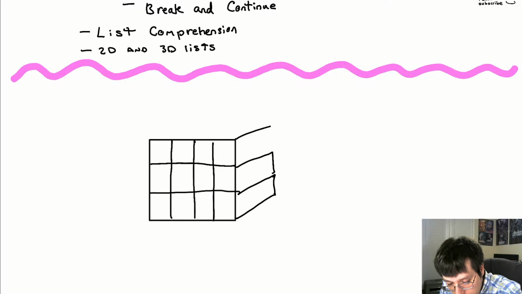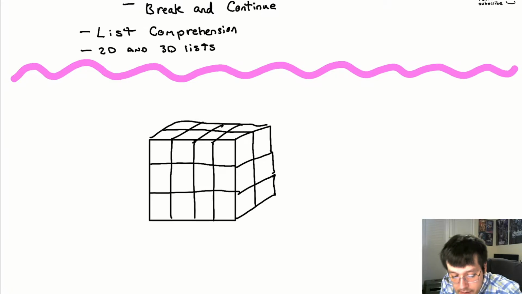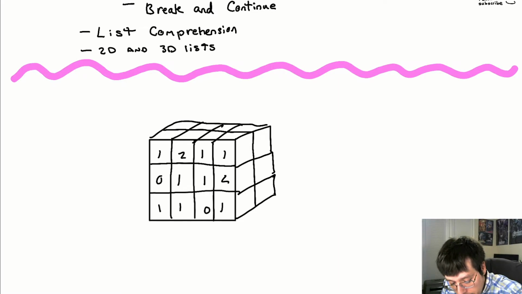This is what the data would look like if you try to visualize it in 3D. If it was two layers, it would be something like this. If these are just numbers, let's number stuff here. I'm not really following any pattern for these numbers. This is the same as that, so these are the same number. It's technically here too. But these numbers are different.